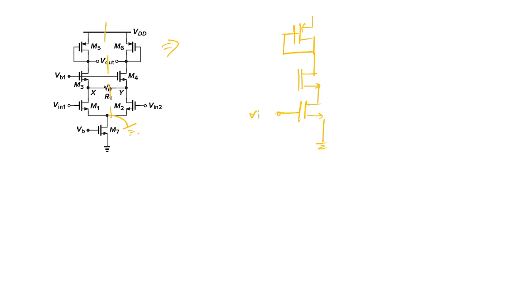This is Vin, and if you make this by connecting two R1 by 2 in series, the structure will look like this. This is M3, this is M5, this is ground, and this is V out. In the AC equivalent circuit, this point will also be ground. So our task is to find V out by V in.